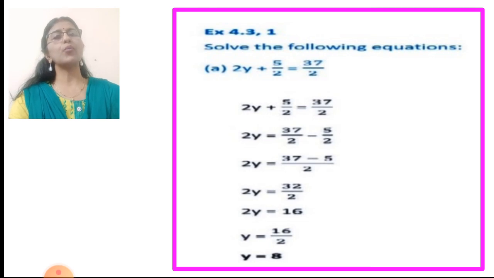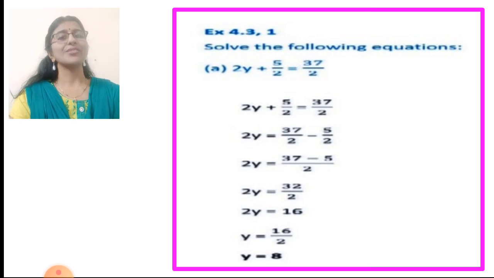So 2y is equal to 37 minus 5 upon 2. And 37 minus 5 is 32, so 2y is equal to 32 upon 2. Now we are going to reduce these two numbers, 32 divided by 2, because you know 16 2s are 32. So we will write 2y is equal to 16.